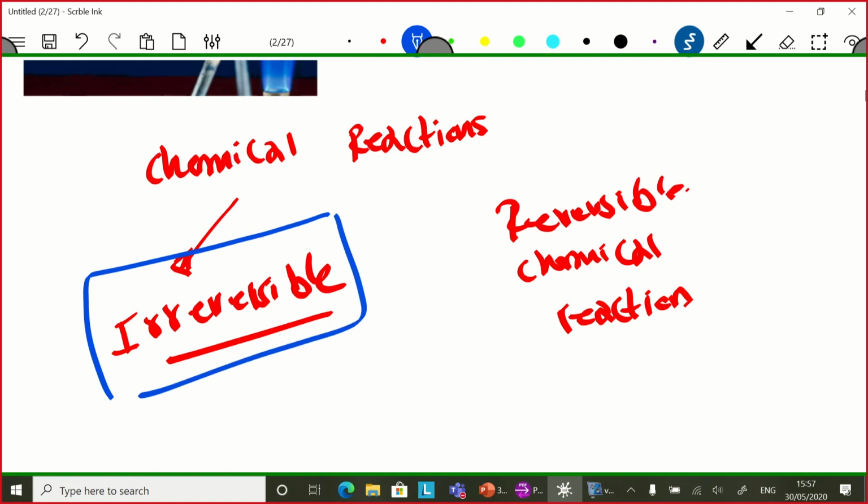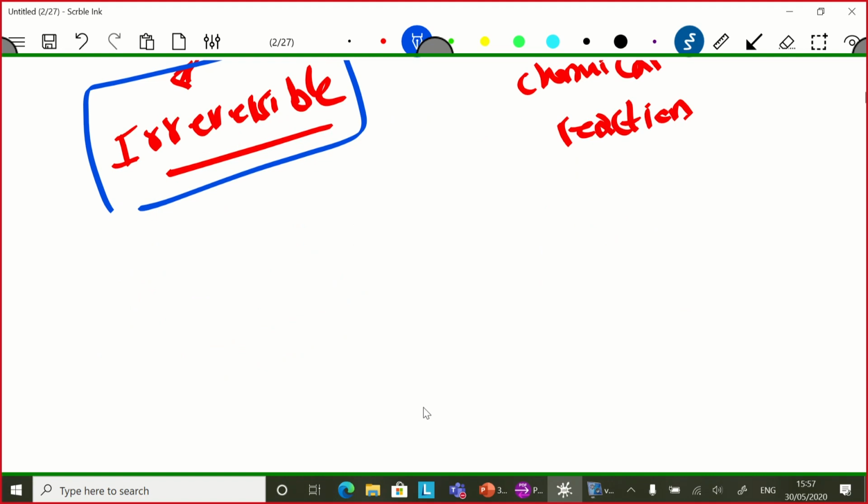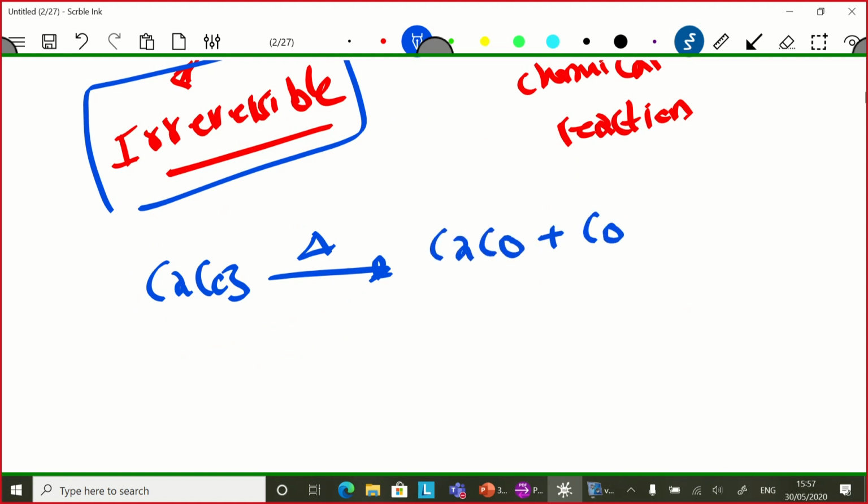This is similar to the example that you did in the GCSE. If you have calcium carbonate and you heat it up, it is going to break down to calcium oxide and carbon dioxide. So this is what we call an irreversible reaction, because these two cannot react again to form calcium carbonate.